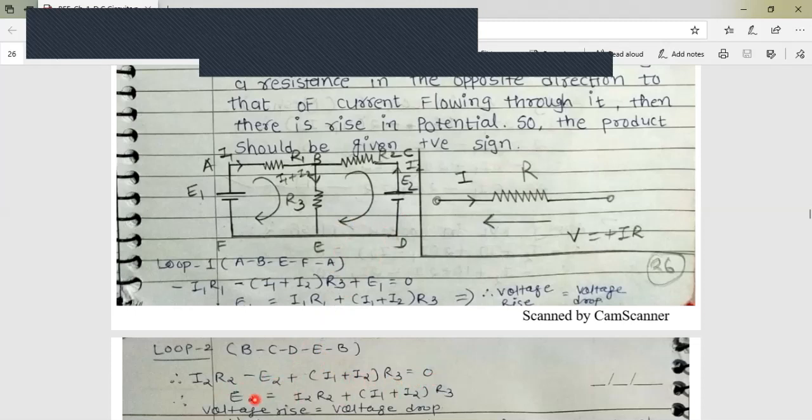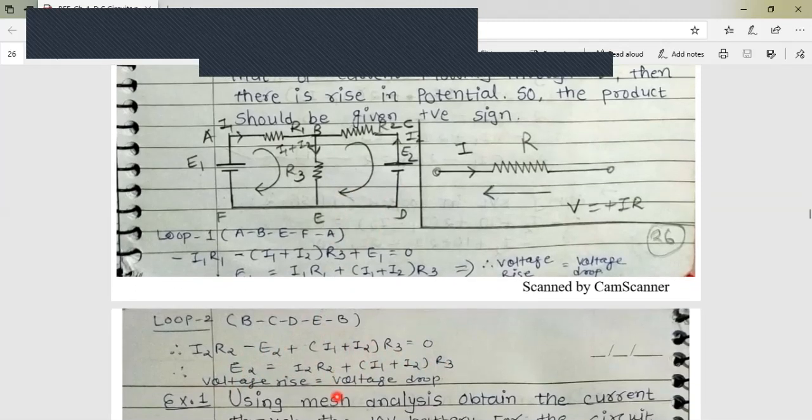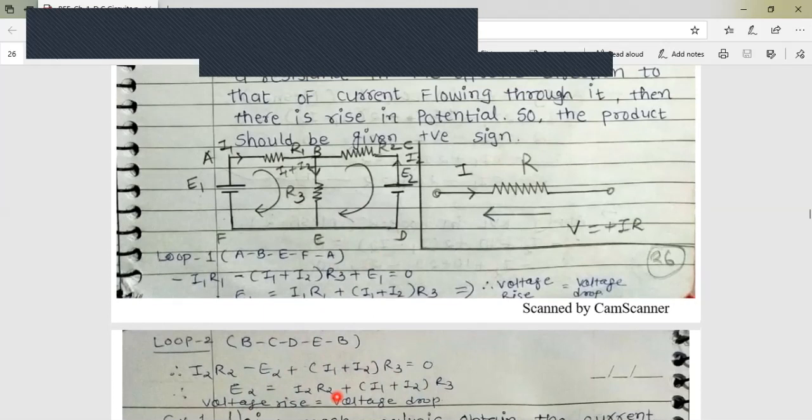So by rearranging, E2 equals I2 R2 plus (I1 plus I2) into R3. Basically, Kirchhoff's voltage law represents that in any mesh, voltage rise equals voltage drop. That's why we are considering the sign convention here.